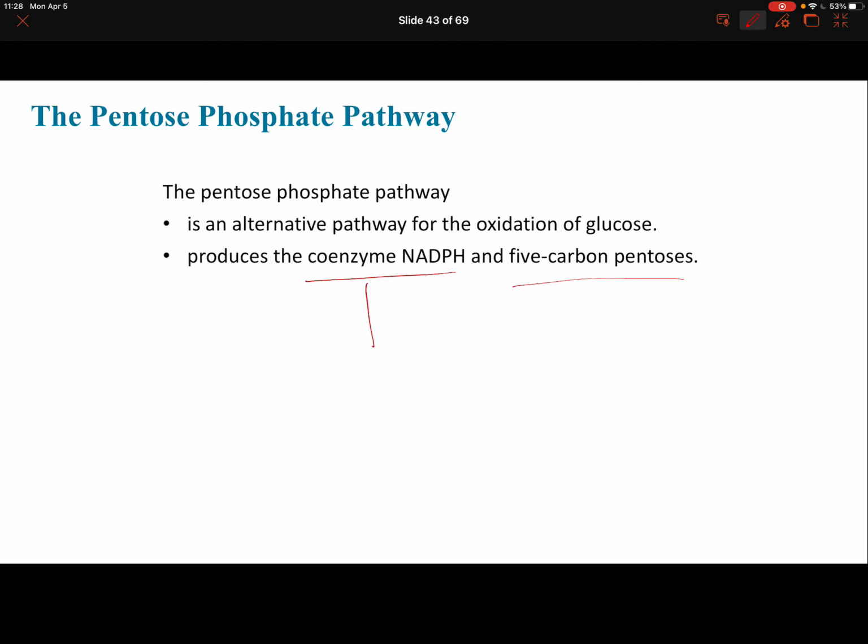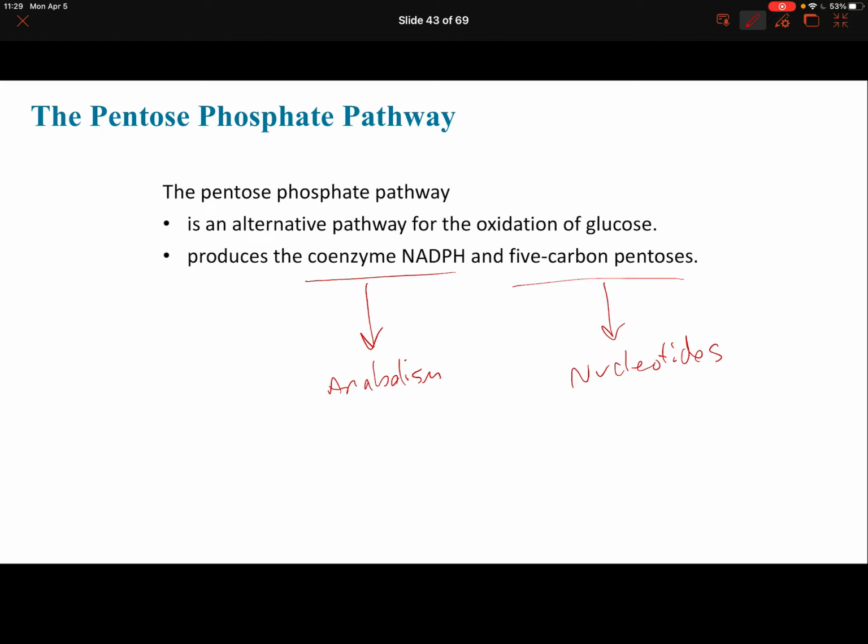So NADPH would be used for anabolism, protein synthesis or lipid synthesis or nucleotide synthesis. The 5-carbon pentoses would also be used for nucleotides. Right? We need those pentose sugars to make ribose, so we can have DNA and RNA.